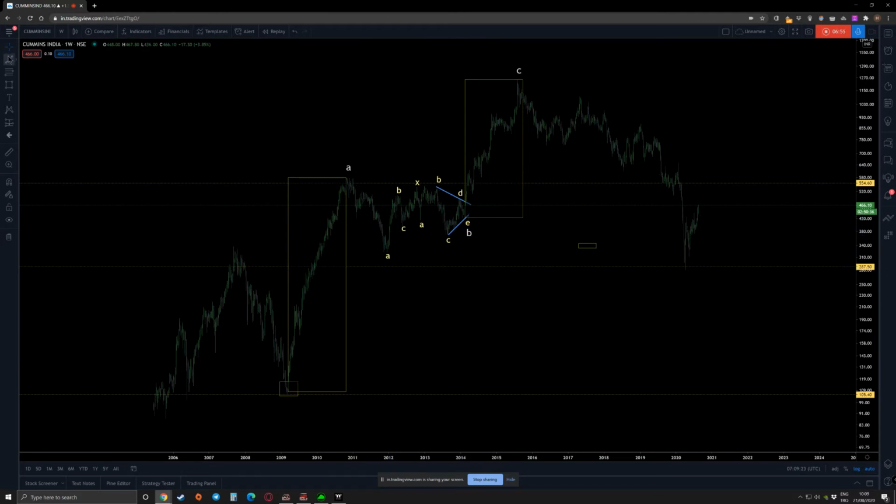So if you have something like this and this doesn't go below 618, and this pattern is called a zigzag, you don't even need to waste your time doing this 1 2 3 4 5 here, or 1 2 3. If I wanted, I can, of course, but no reason. Because if it doesn't go more than 618, it has to be a zigzag, unless it's the impulsive move, of course. But I didn't take this impulsive move because I don't see an extension here.